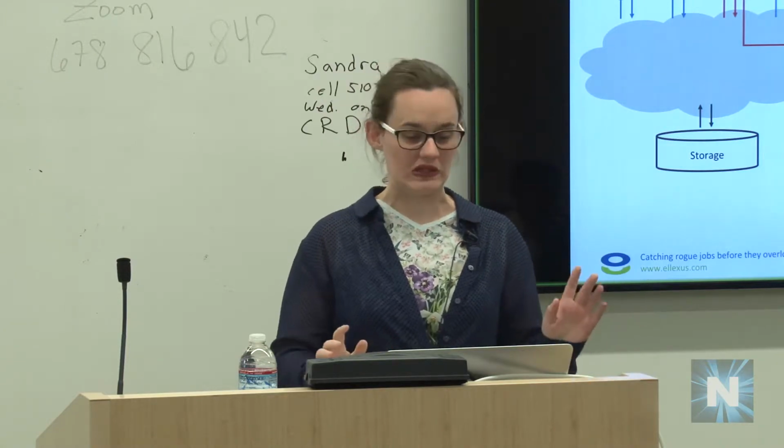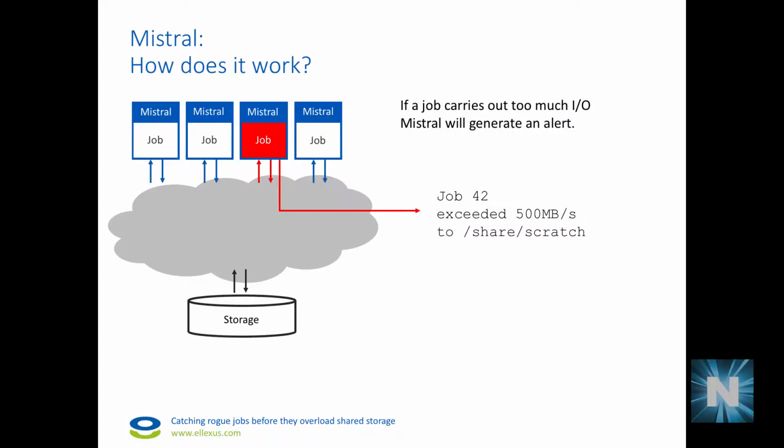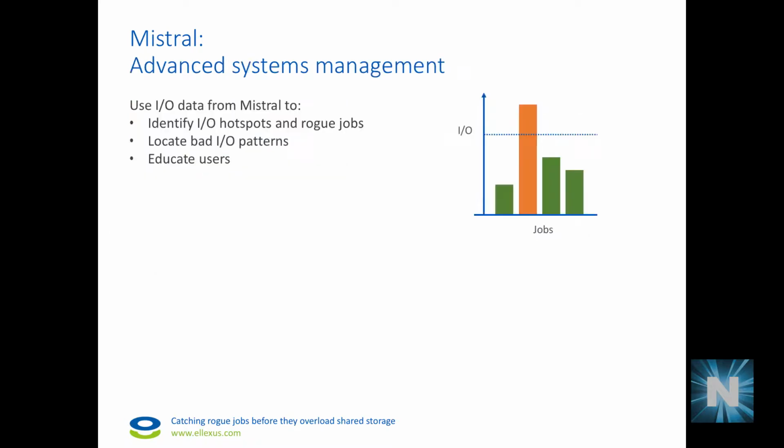So in this example, we've got an alert that says job 42, it's always job 42, exceeds 500 megabytes per second to share scratch. And the idea is that if you set these alerts on the whole system, then you can identify the rogue jobs.